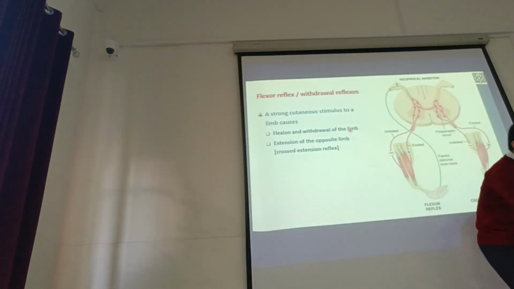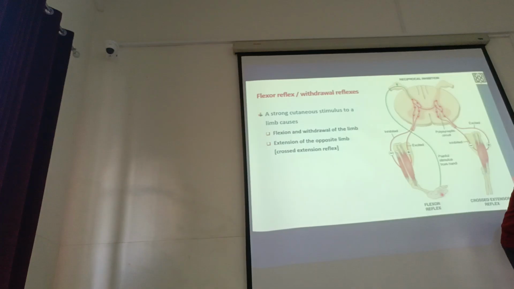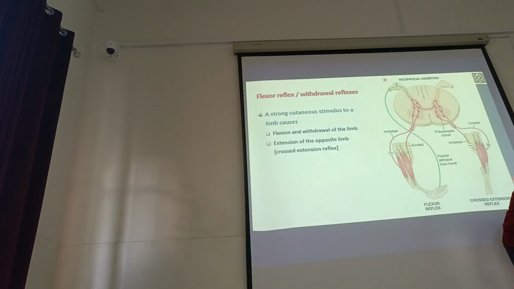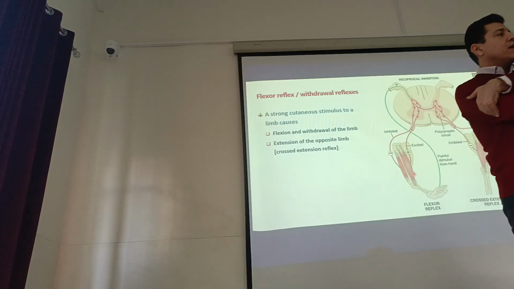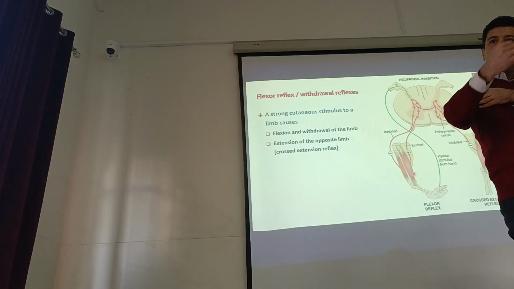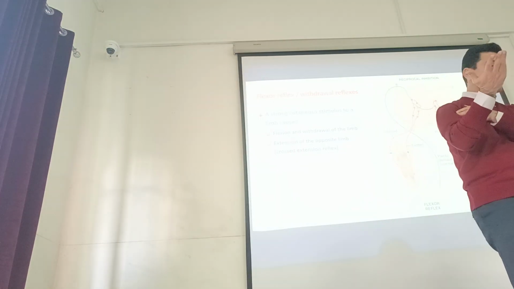So when we have pain in the hand, right, sudden pain, action potentials go to the spinal cord, activate the population of interneurons. These interneurons activate alpha motor neuron to the flexor, inhibit alpha motor neuron to the extensor. So flexor contracts, extensor is relaxed. The result is flexion, right?